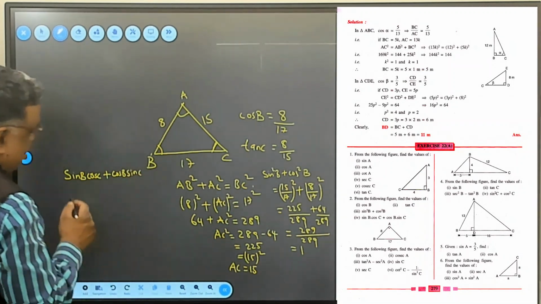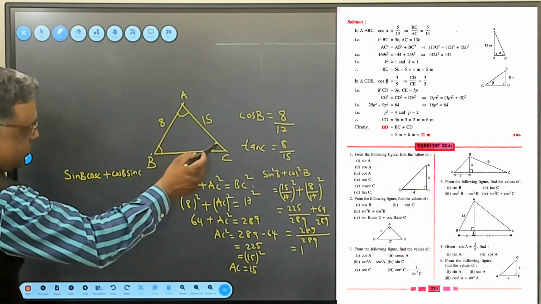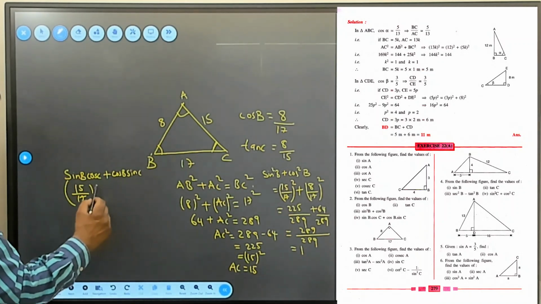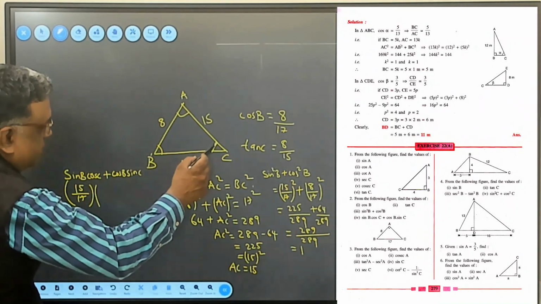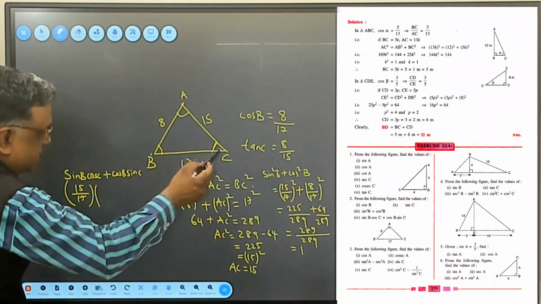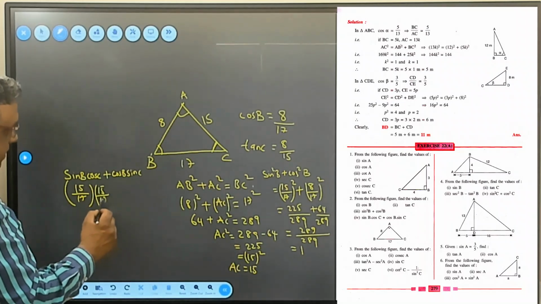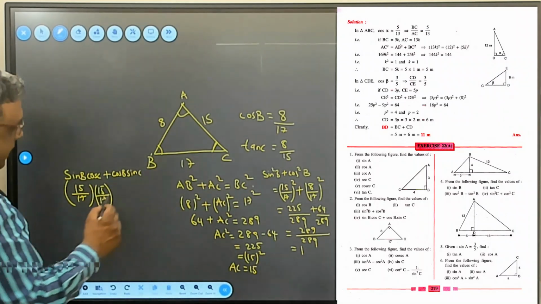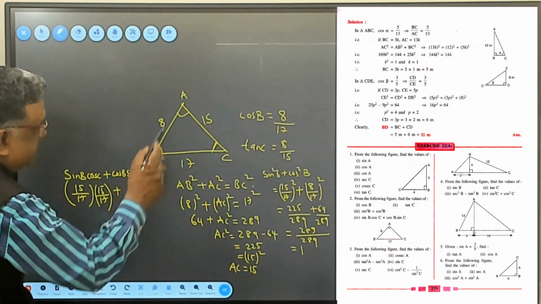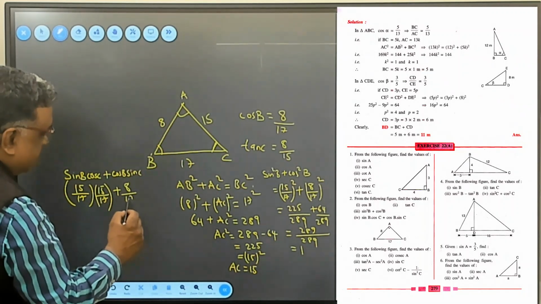So we'll find out individually what each is. Sin B, by definition, is opposite upon hypotenuse, which is 15 upon 17. What is cos C? Cos C is adjacent upon hypotenuse, 15 upon 17. Cos B is adjacent upon hypotenuse, which is 8 upon 17.